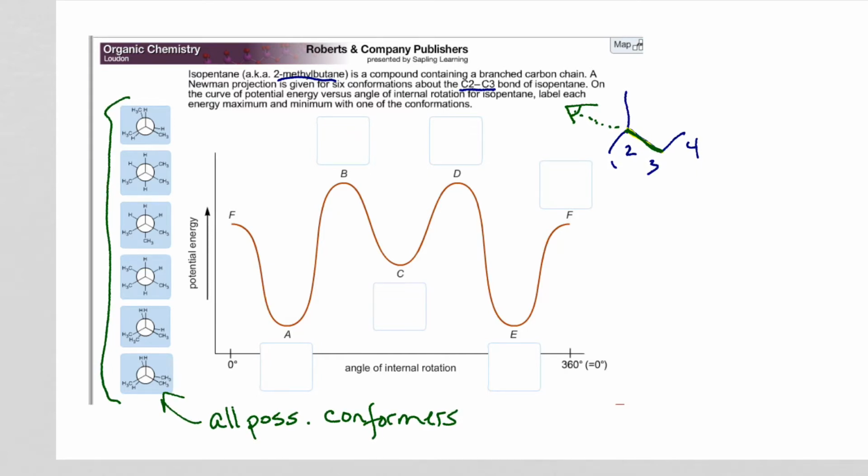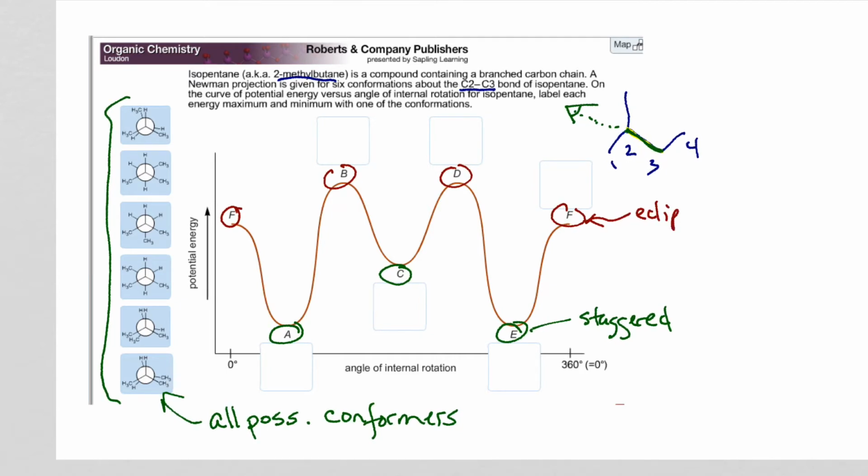So the first thing to recognize is that all of the lower energy conformations, all the minimums, are going to represent staggered conformations. And then all of these higher energy conformations are all going to represent eclipsed conformations.